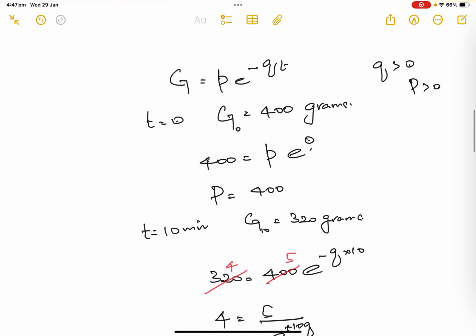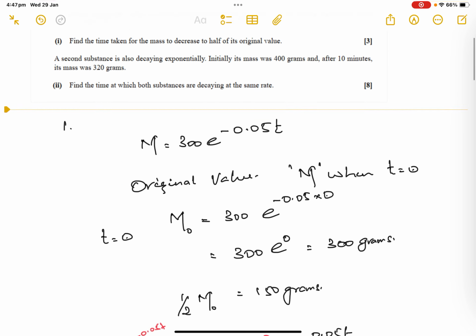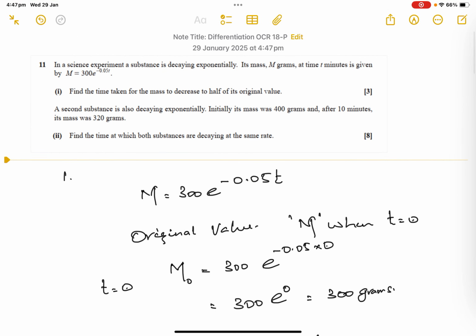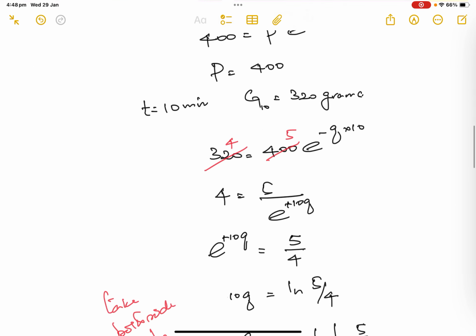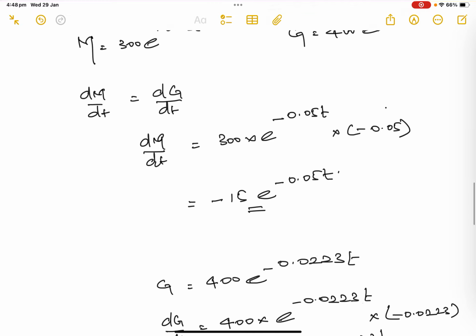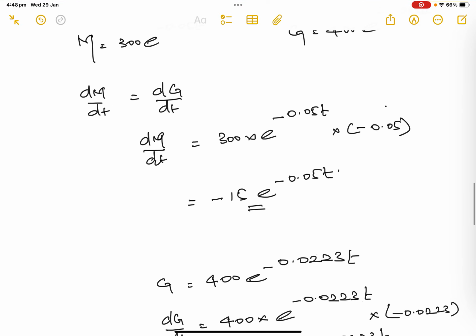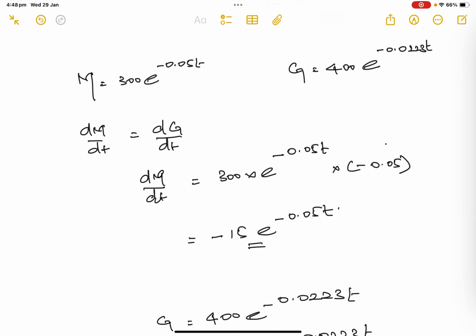What they say in the question is that the rate of change, or decay, at a particular time is the same. So the differentiation dM over dt equals the differentiation dG over dt.